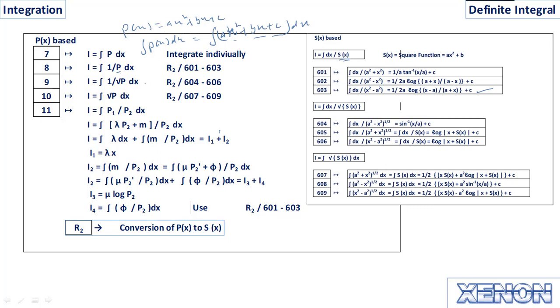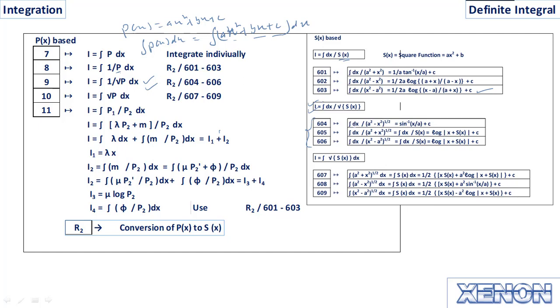When we are having the integration of the form of I equals to 1 upon square root of p dx, here again we will convert px to the form of sx, and then we will be getting the form of integration of dx upon square root of sx. Here again we have seen 3 forms to solve the equation.